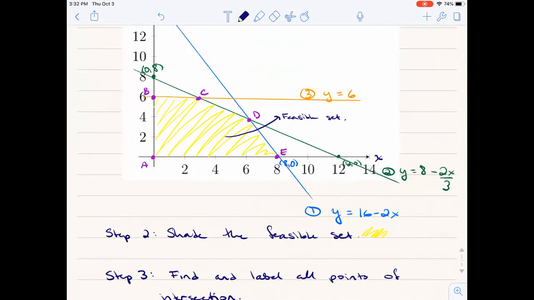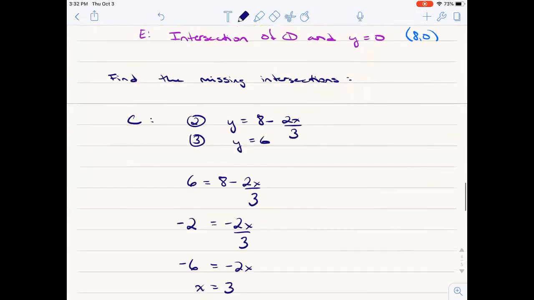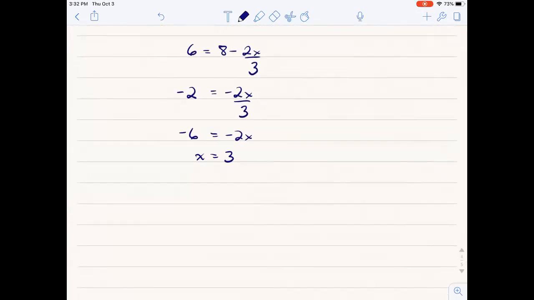Not the graph, I just use like the actual 3x plus 3y. Oh, yeah, totally. You can use either one. I'm just using the one that's solved for y already. But they're the same. So you should end up at the same answer. So therefore, C is at 3, 6.